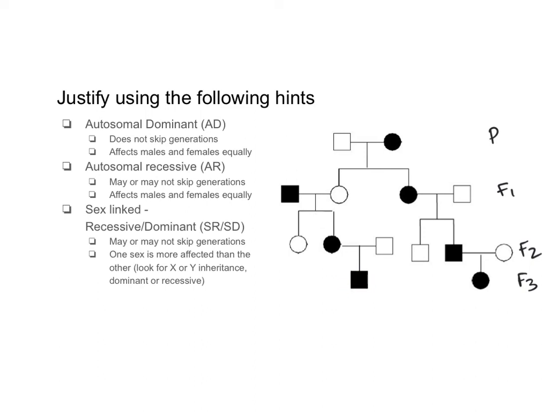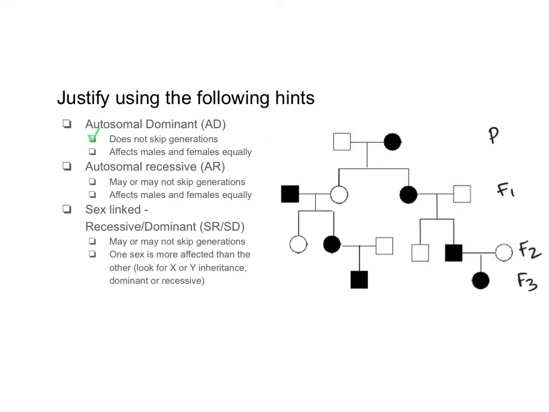So when I look at this, though, I can see that in P, the condition is present, as in F1, as in F2, and in F3. So this does not skip any generations. Then I look at, does it affect males and females equally?